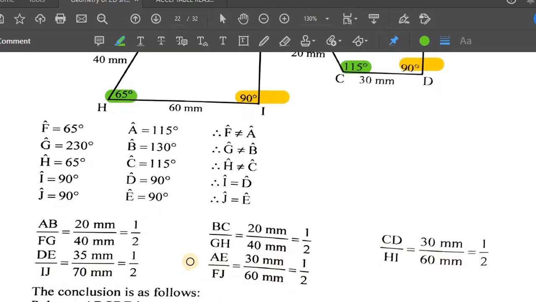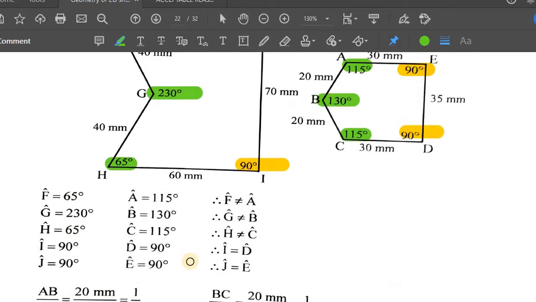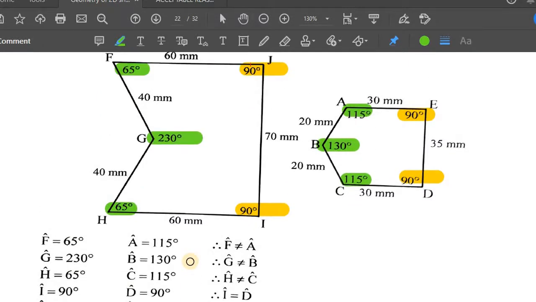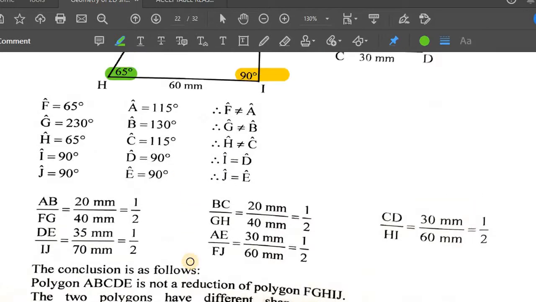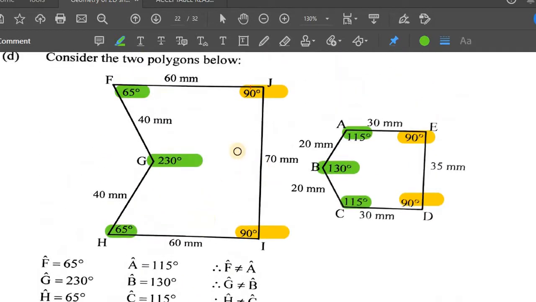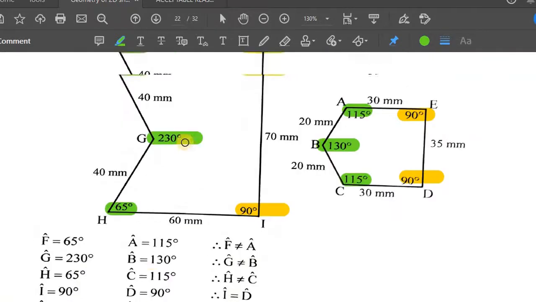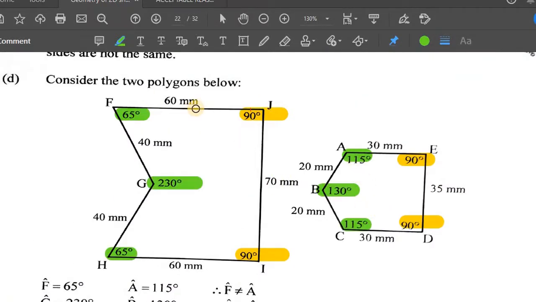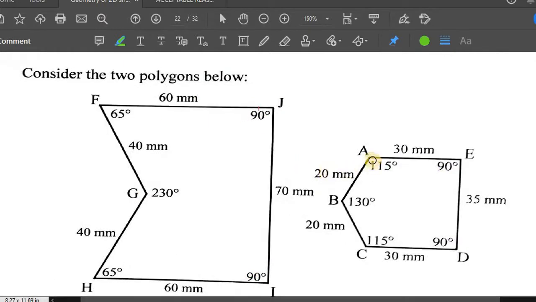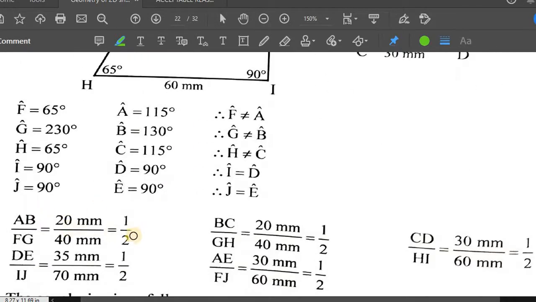Then if you look at our sides, I can't get this in one view, but let's say we take the smaller one, 20 over 40 would give us 1 over 2. 20 over 40, 1 over 2, right? We got the half.